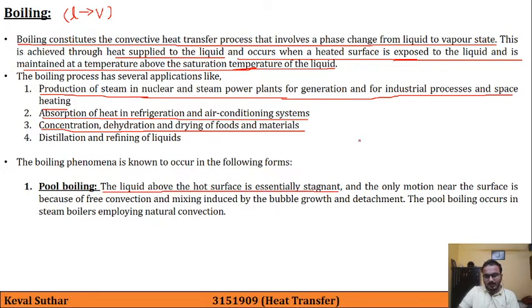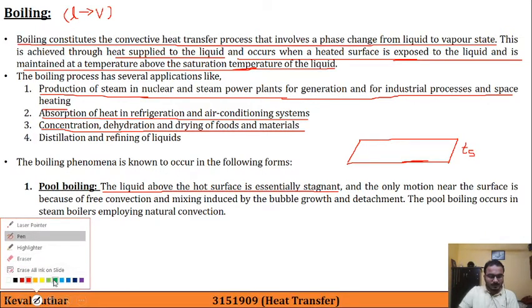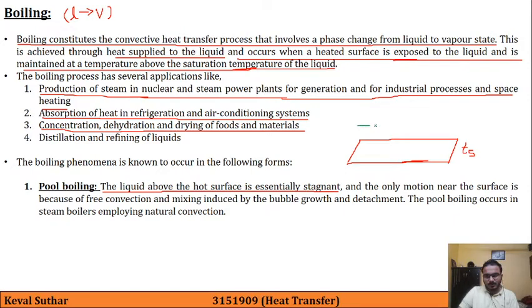Let's take a small example: this is the hot plate where the temperature is Ts, and above it is liquid. The liquid is stagnant in this case, it is not moving, and obviously Ts is greater than Tsat.